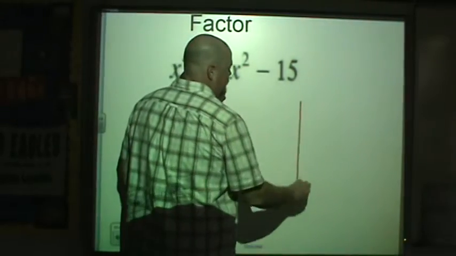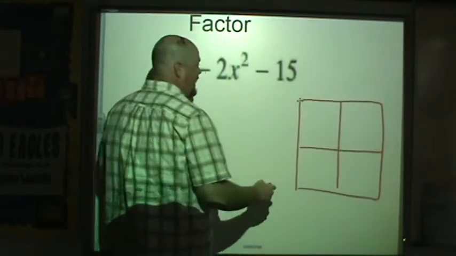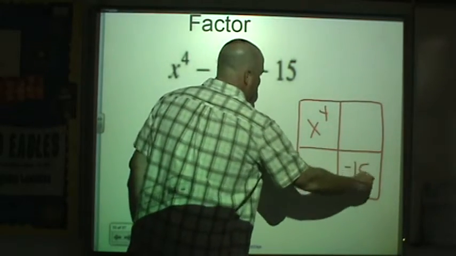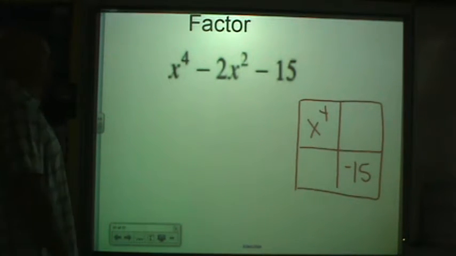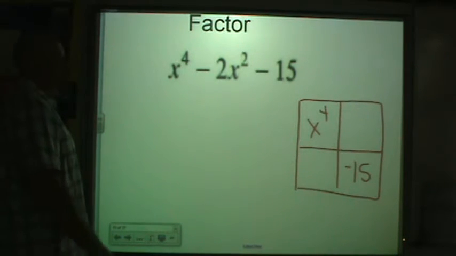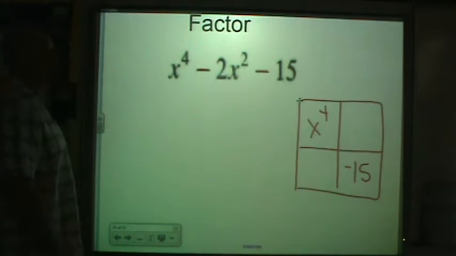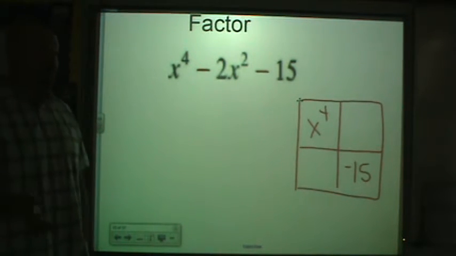So if you want to use this area model that we've been talking about, that's fine. X to the 4th goes here, negative 15 goes here. We're looking for that perfect pair of numbers that multiply to be negative 15 and add to be negative 2. Now, we talked about this as well.